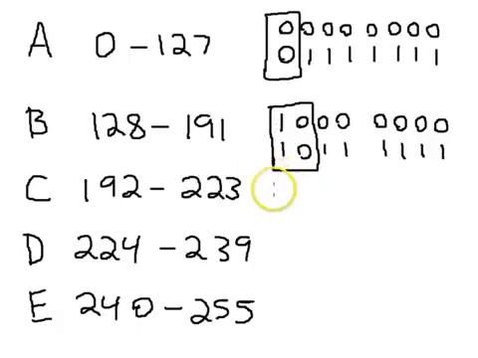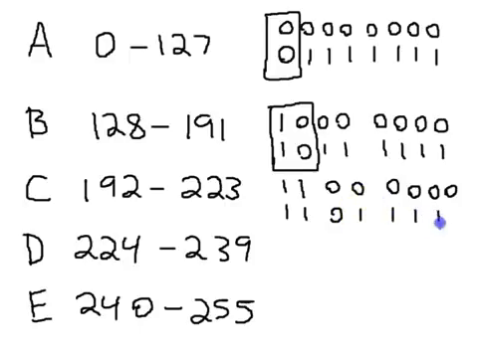And class C addresses, as you might guess, start with a 1, 1, 0, followed by a bunch more zeros for the first one. So 192 is two 1s followed by 6 zeros, and 223 is two 1s followed by a 0, and then a bunch of 1s. Class D is 1, 1, 1, 0, followed by zeros.